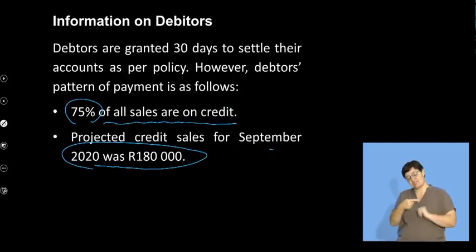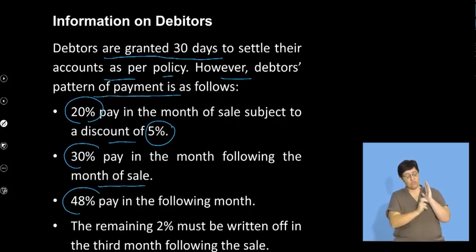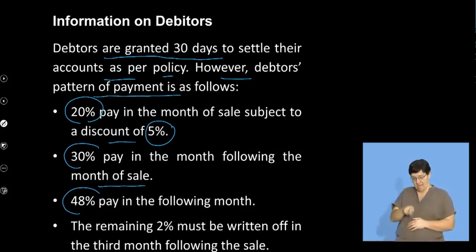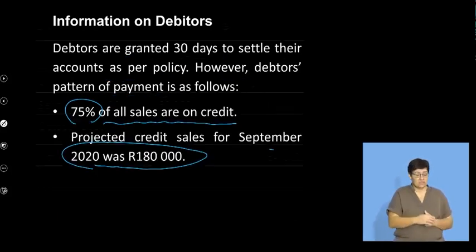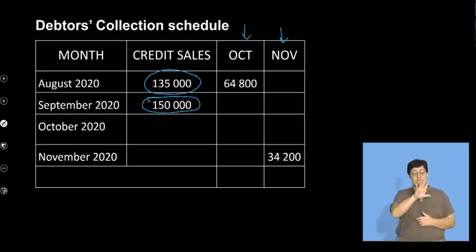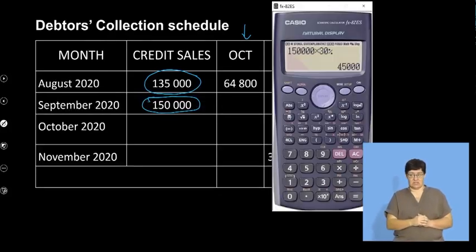Then I look at my September sale again in order to calculate my November figure. Once again, I look at my proviso, and my proviso tells me that 48% will pay in the following month. So once again, go back here, take my 150,000 times my 48%, and that will give me a figure of 72,000 Rand.